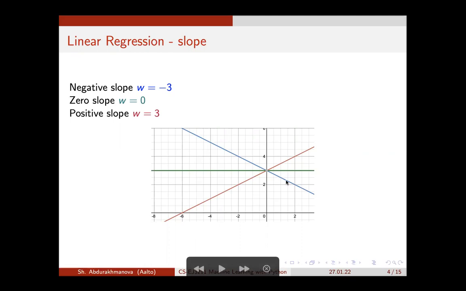So there's a negative relation between y and x. And if the slope is 0, it means that it doesn't matter how x is changing, the response variable y will be constant. So it basically means that there is no relation between x and y.